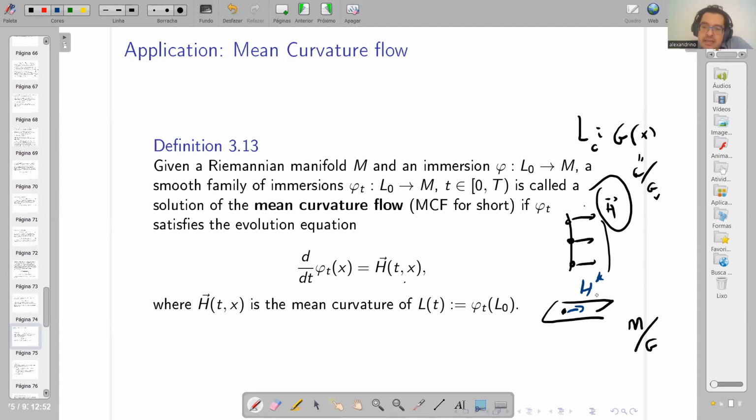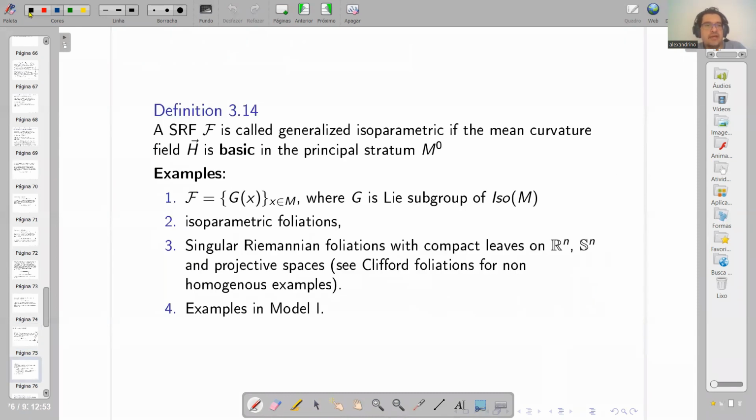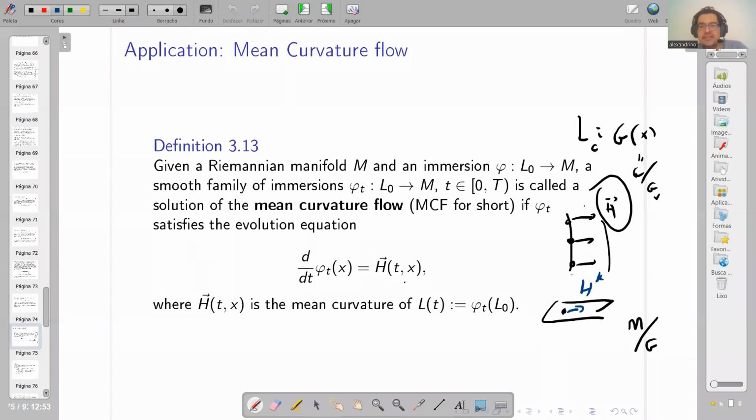What happens if you are looking also at the singular part? Well, if you are looking at the singular part, you have a strange case. You have a metric space M/G, and you are working with vector fields in a metric space, and they may be collapsed. There may be different situations. Let me start to make a picture, and this gives you time. But this is the kind of problem that we are interested in now.